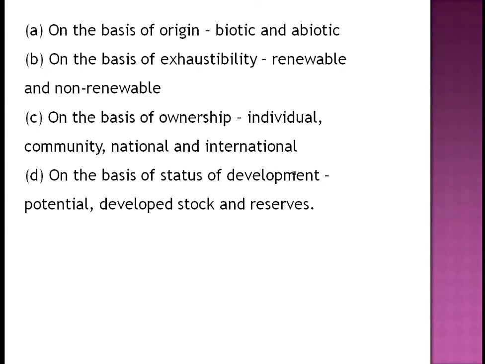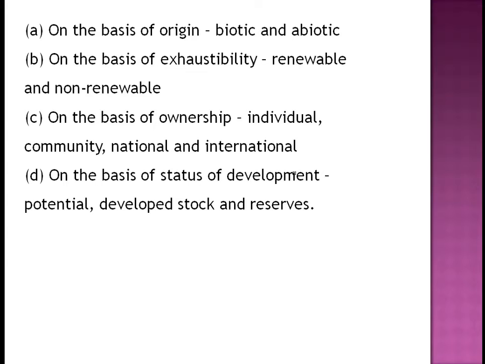A. On the basis of origin: biotic, abiotic. Here on the basis of origin we are going to see whether they are biotic or abiotic in nature. That means they are living or non-living. B. On the basis of exhaustibility: renewable and non-renewable.